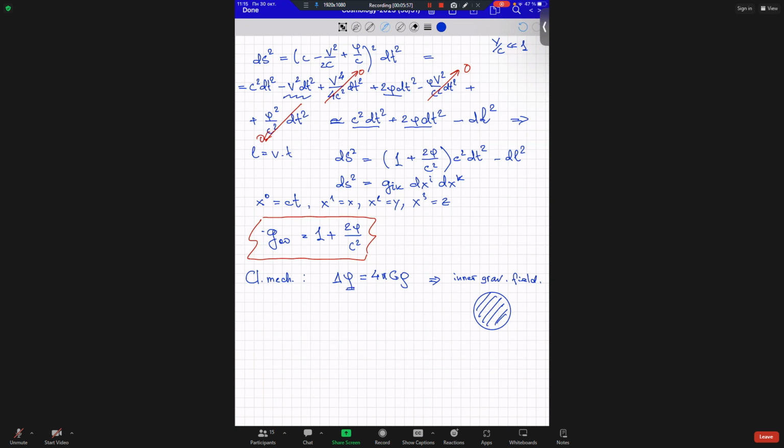For the outer part, outside of the body, we need to solve the Laplace equation, Laplacian phi equals 0. The Laplacian is the second derivative of the potential by coordinates. So this is for the outer potential.